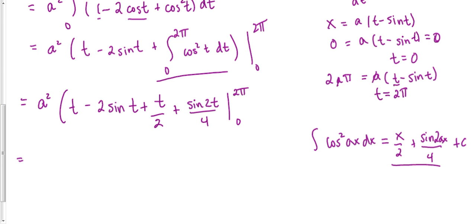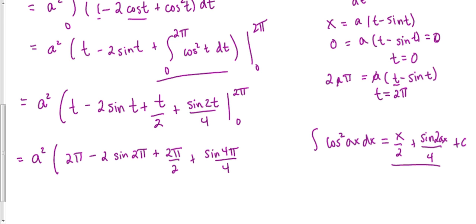So now we're ready to substitute in our limits of integration. I've still got my a squared out front. I'm going to have 2 pi minus 2 times the sine of 2 pi, plus 2 pi over 2, plus the sine of 4 pi over 4.